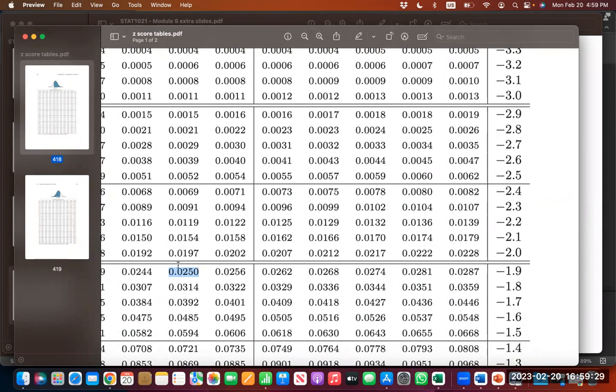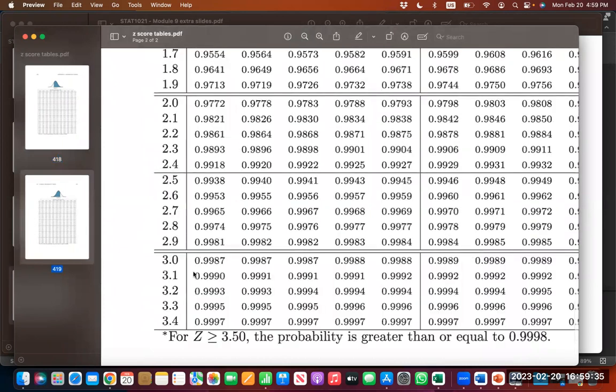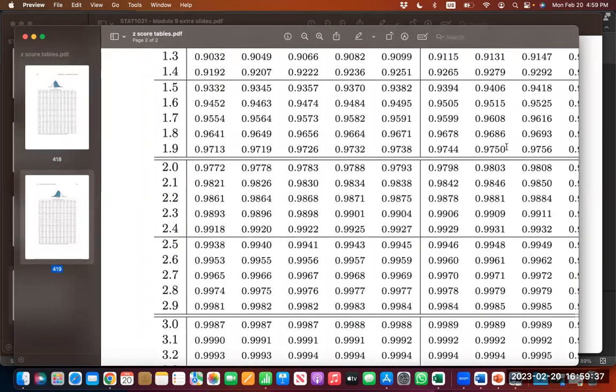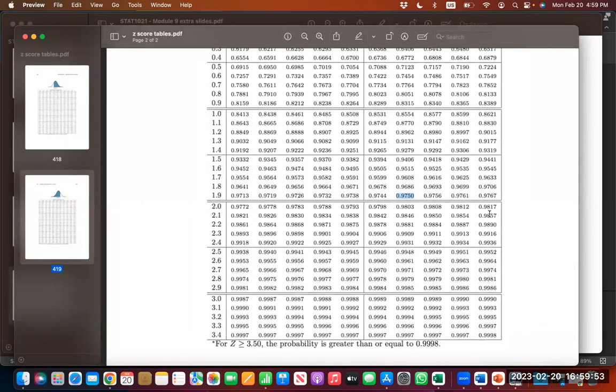So 2.5% at minus 1.96, and at plus 1.96 you get 0.975, which is 100 minus 2.5. So that gets you to 97.5, the upper end, the tail to the right. And these two sum up to 5%.